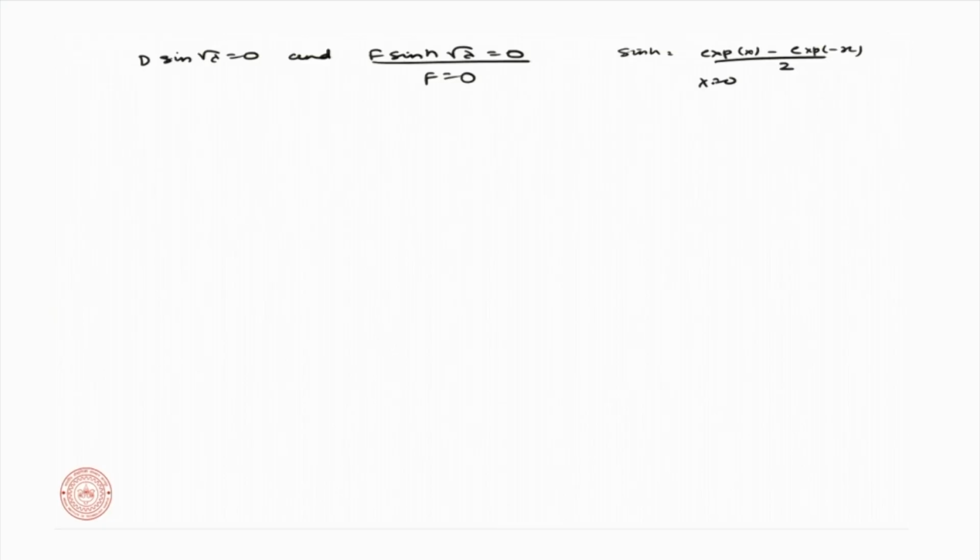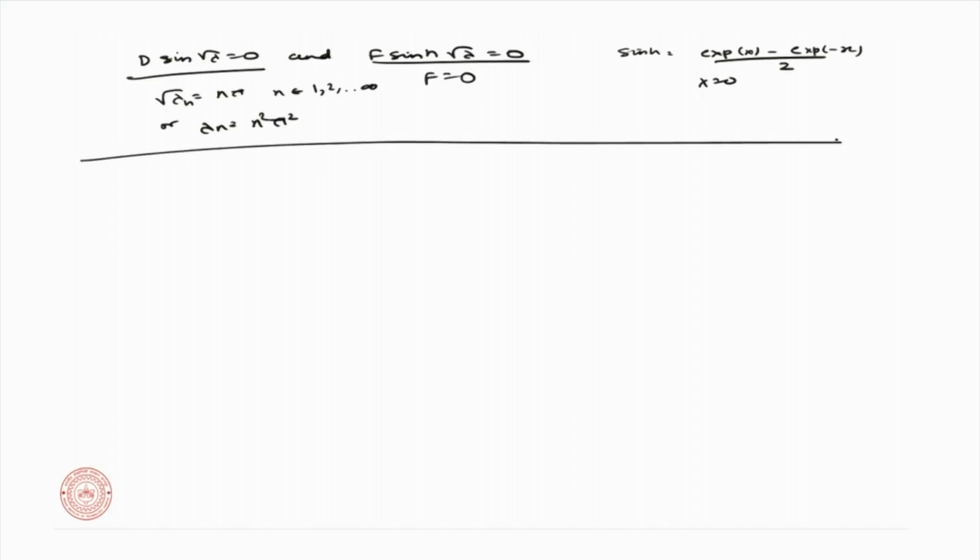So, since sin hyperbolic is 0 only at a certain location, f is 0. In this case, if d also becomes 0, then the entire solution becomes 0, that is a trivial solution. So, we can say that root lambda n equals n pi, where n belongs to 1 to infinity, or lambda n equals n square pi square.